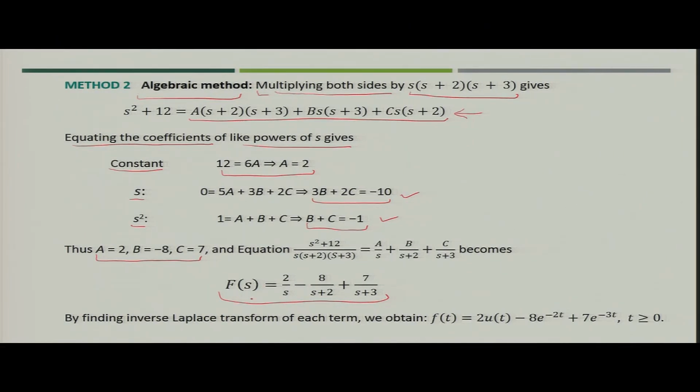And finally, for the given Laplace transform F(s), you can get the inverse Laplace transform by simply decomposing. You can easily say that the inverse Laplace transform of F(s) is 2 into the unit step function, plus 8 into e to the power minus 2t, plus 7 into e to the power minus 3t, provided the time t is greater than 0, because this is applicable for t greater than or equal to 0.